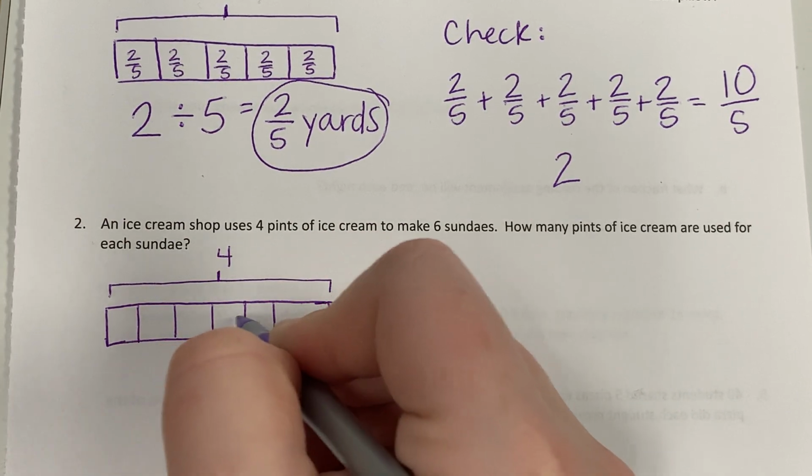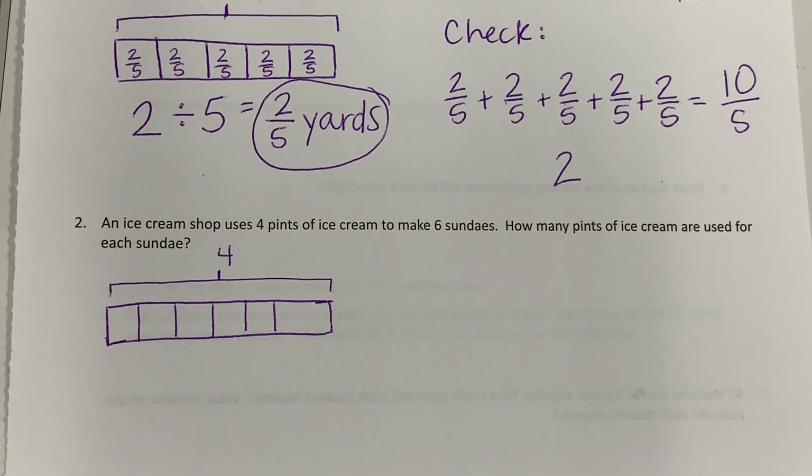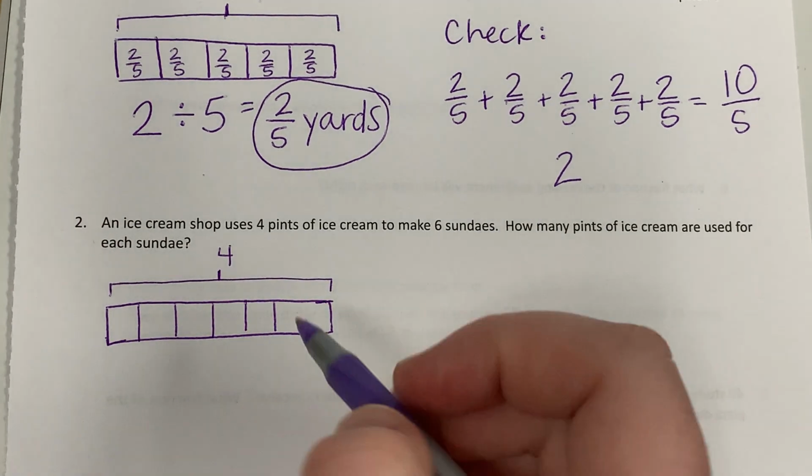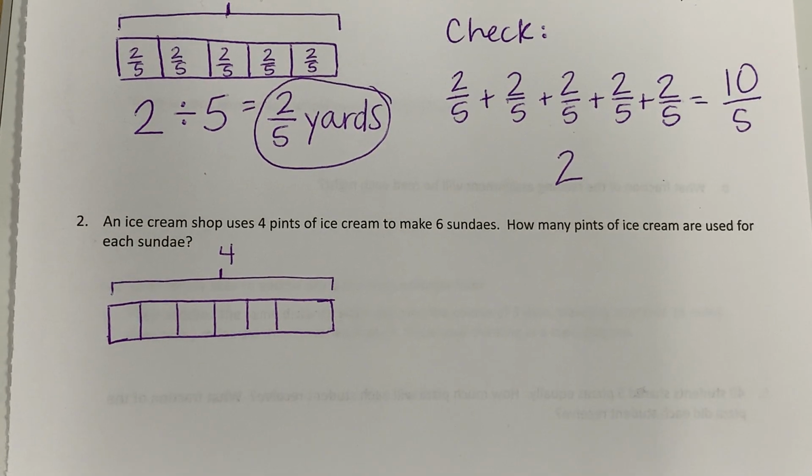One, two, three, four, 5. Oopsies. We're going to act like these are equal. Sorry, my squares got a little wonky. Okay, so they were divided 6 times.